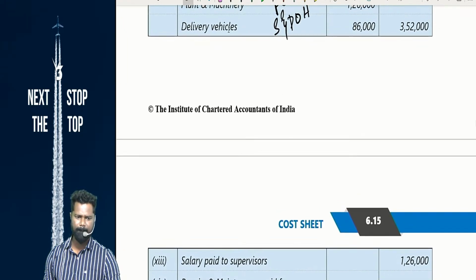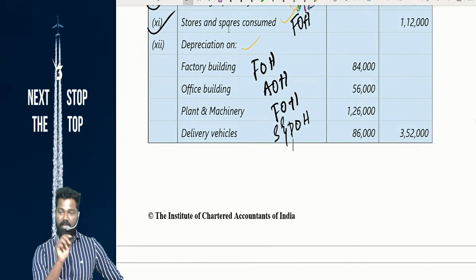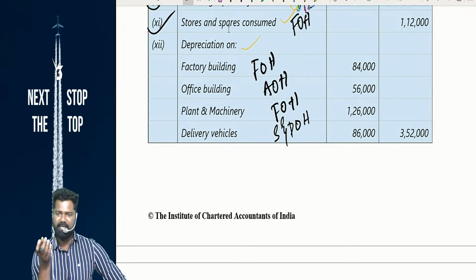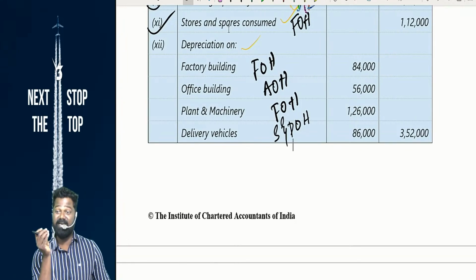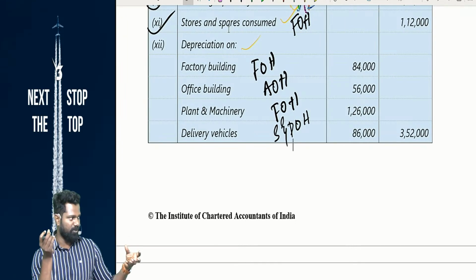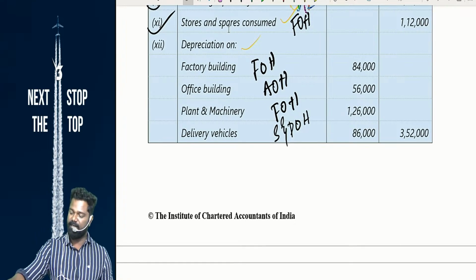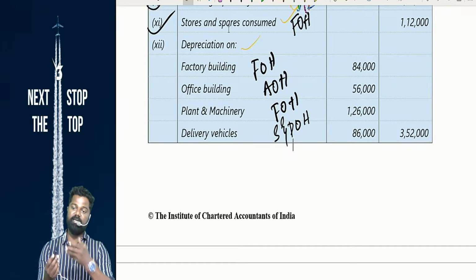Stores and space, generally, nothing is specifically given. Stores and space are, say suppose machinery is there. To run the machinery we require some oils, grease. Generally that happens. If to manufacture this product I am requiring spares or stores, then it is direct.